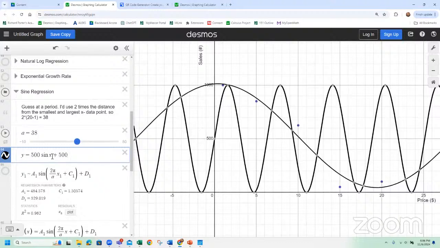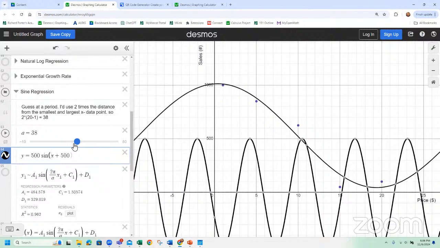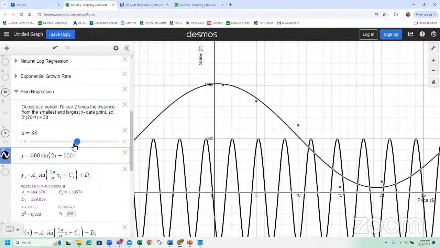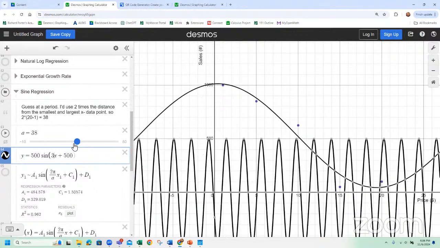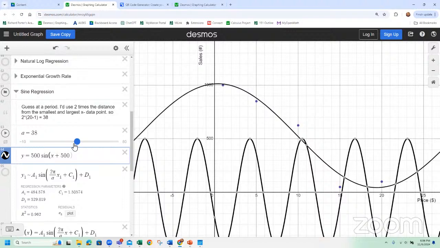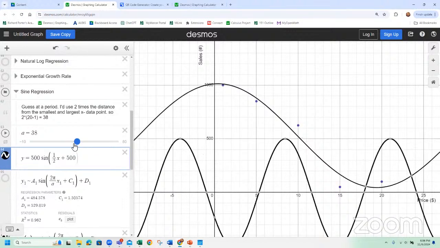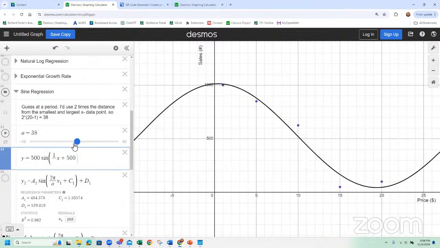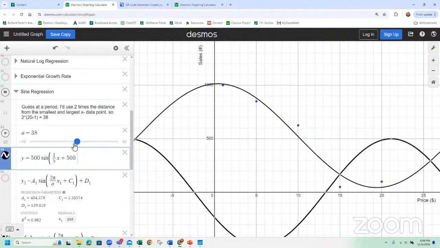So if you remember, to make a longer period, we had to put a number in front. So we put a number 2 in front. Oops, that's 2. See, 3 makes it busier. So we wanted to make it longer, so we could try like 1/2 or 1/3 or 1/5.